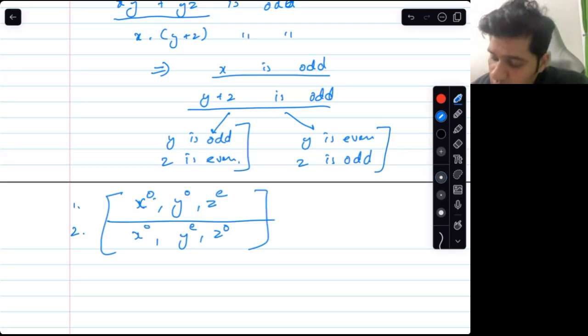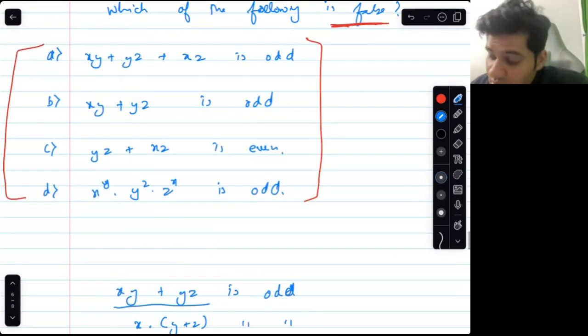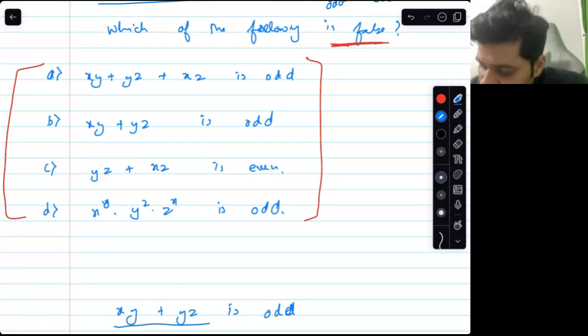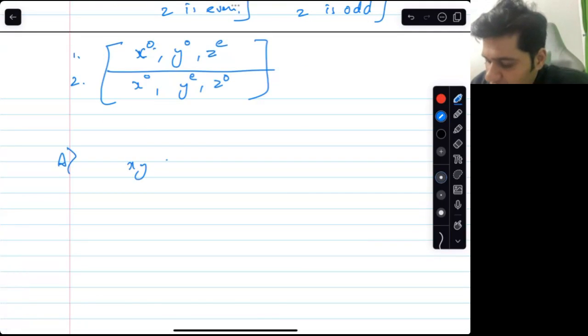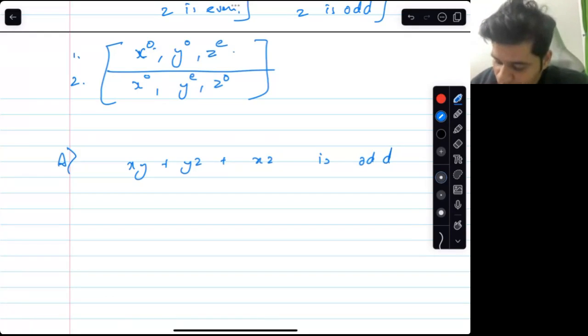Alright. So now let us try to evaluate each one of them. Let me pick the first one. For the A condition, they said xy plus yz plus xz is odd. If I pick case 1, odd into odd plus odd into even plus odd into even.